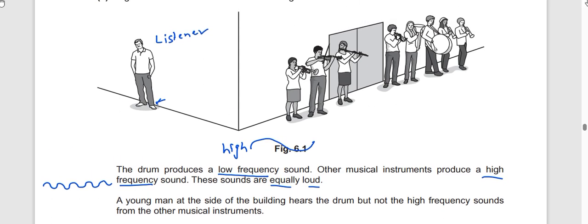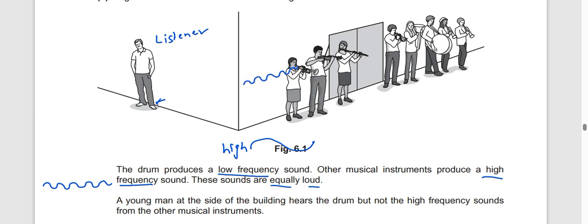So you can simply see that these other instruments are producing sounds of high frequency. So if the frequency is high, the wavelength is low, that will be like this.